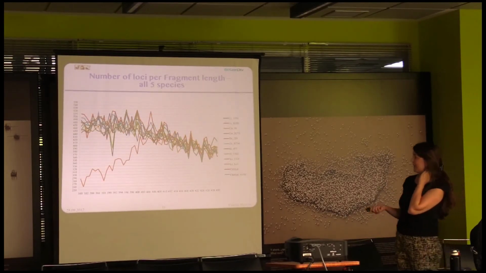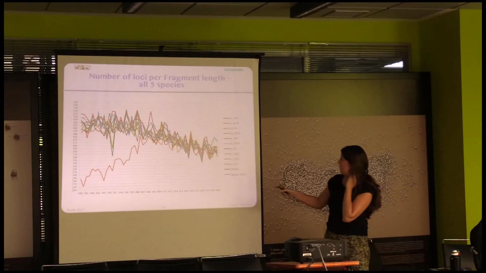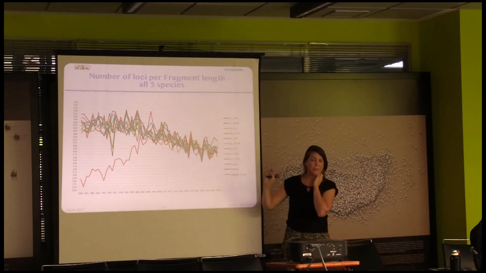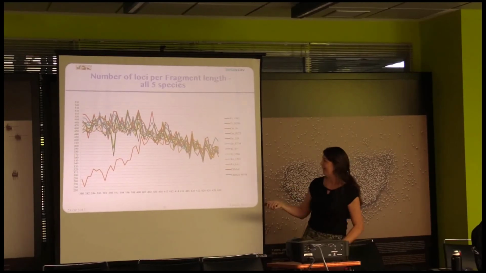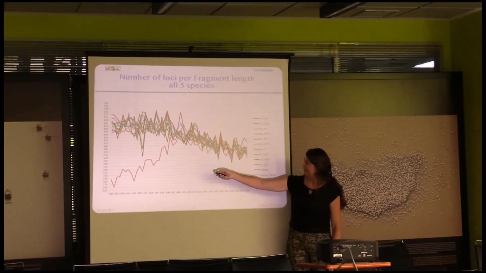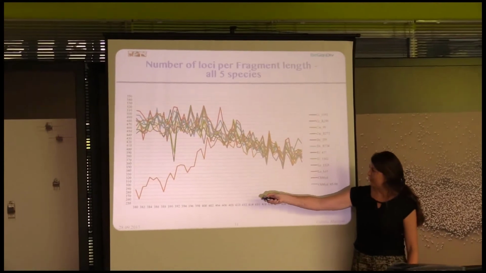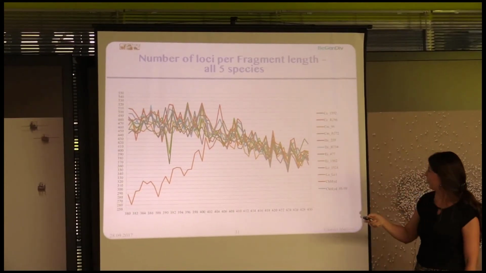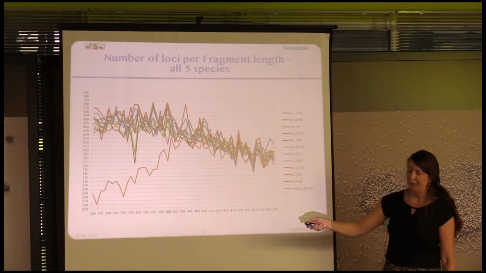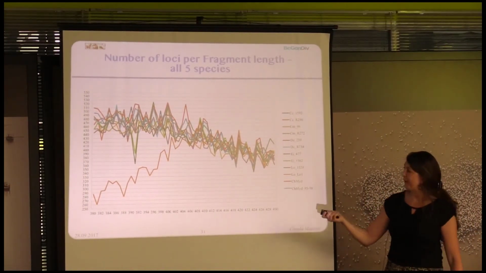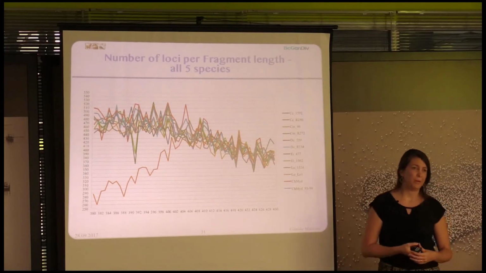When I look at all the 10 individuals, mostly the shape is also very similar. I have one very strong, a different one here, which is the only individual that had very low coverage for this region. I couldn't reach a better coverage for this one, and this reflects in the number of loci that I caught.